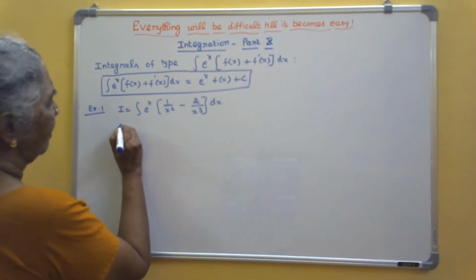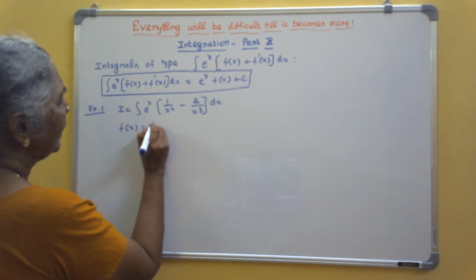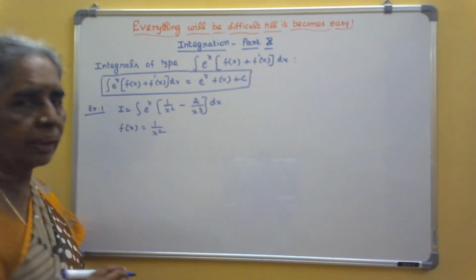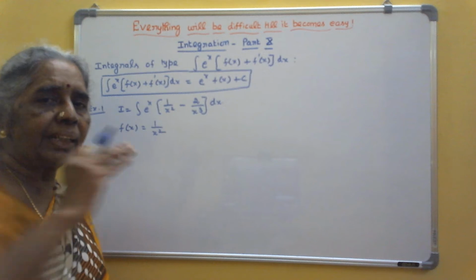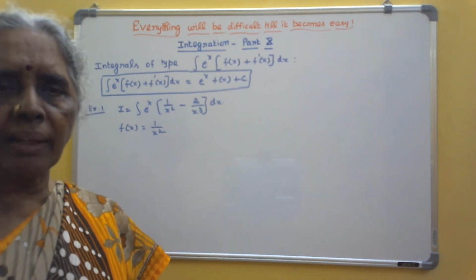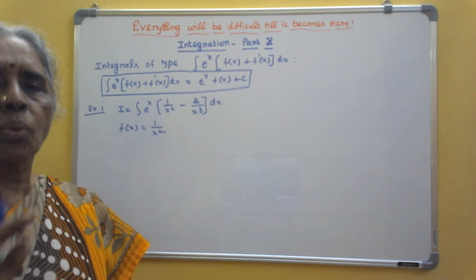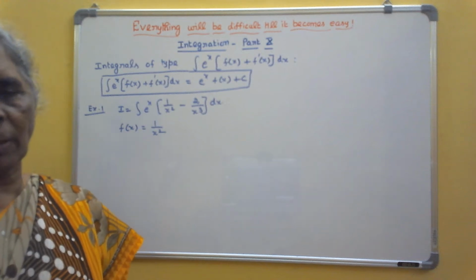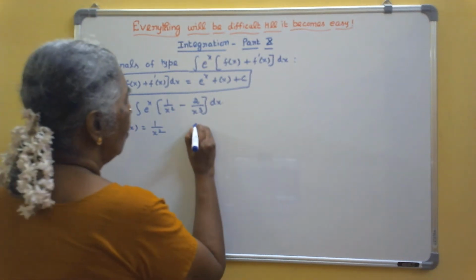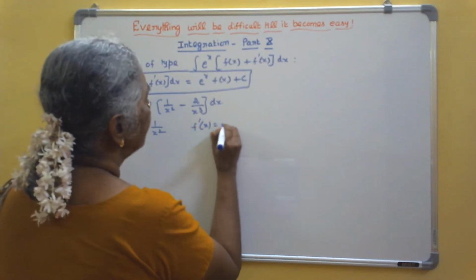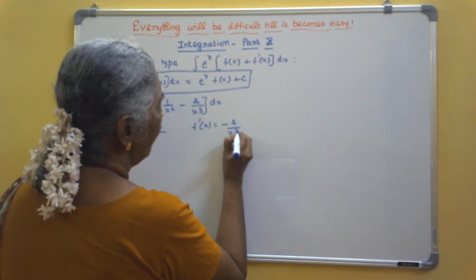So now here I will write like this. f of x is equal to 1 by x squared. Okay? Then, if I differentiate, what will I do? I will take the x squared to the numerator, that will become x power minus 2. So, it will become minus 2 x power minus 3, which is minus 2 by x cube. So, f dash of x will be minus 2 by x cube.